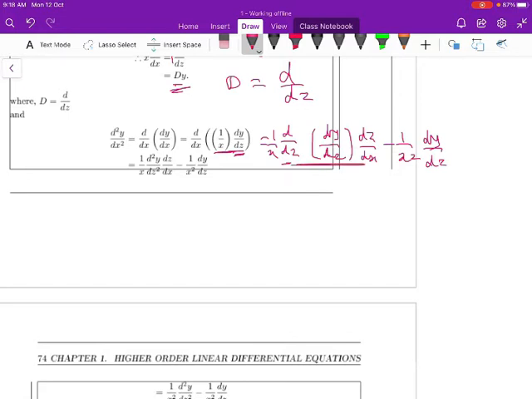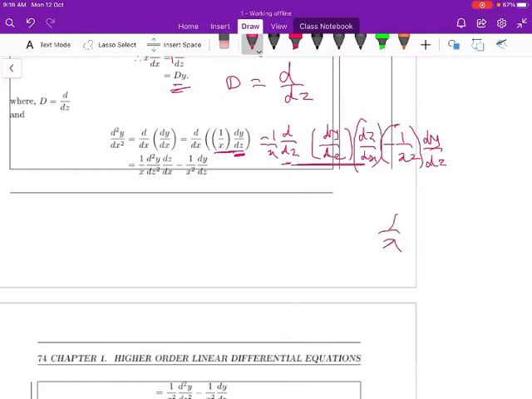I applied the chain rule here: minus plus, plus dy by dz into the differentiation of the first term, that is minus 1 by x square, like this you can observe.